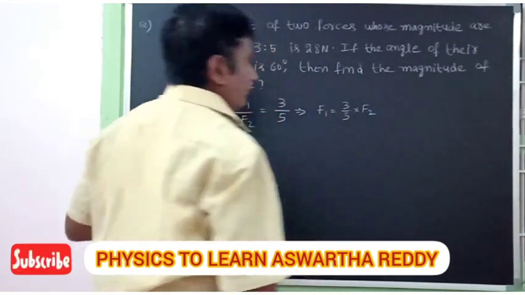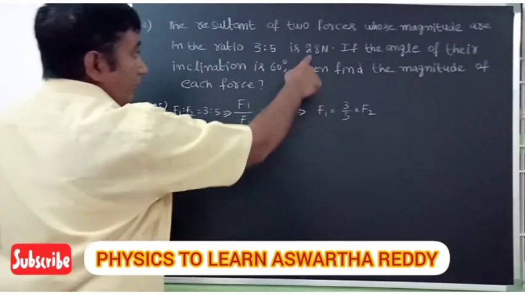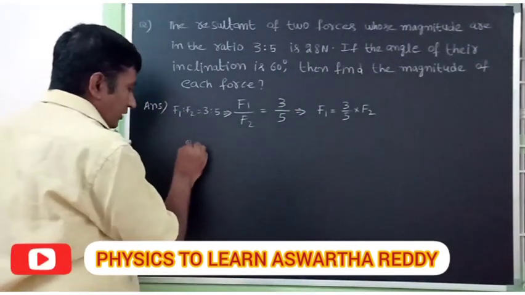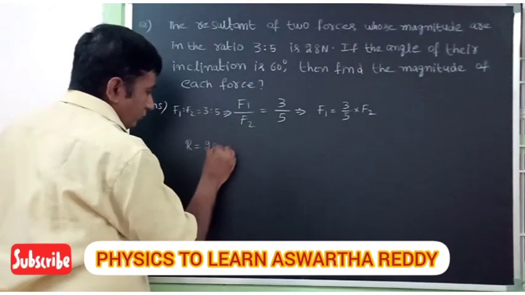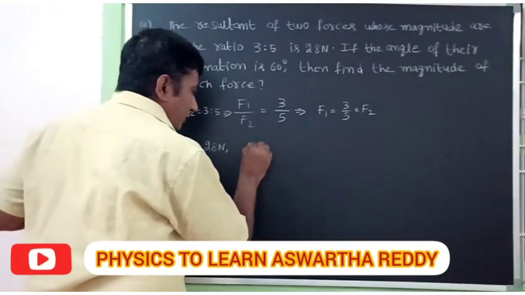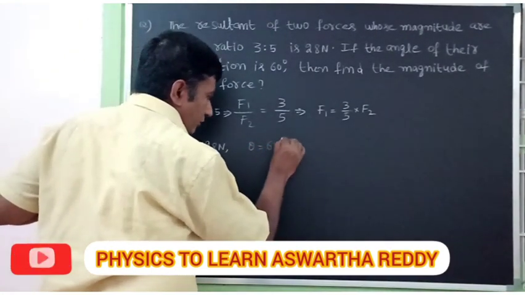Then the resultant of these two has been given as R is equal to 28 newtons, and the angle between them is theta is equal to 60 degrees.